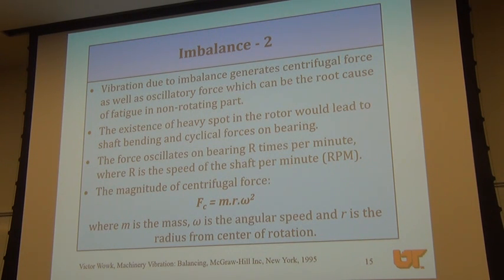So omega squared r gives you the acceleration caused by the rotation of the shaft. So it depends on mass as well as the distance of the mass from the center. Anytime you change these 2 things, assuming omega is constant, the force is going to change.